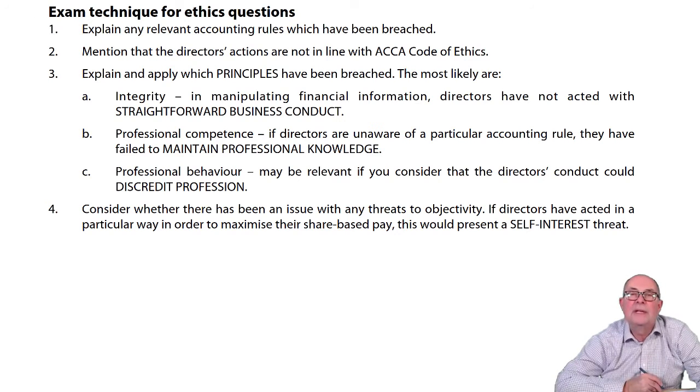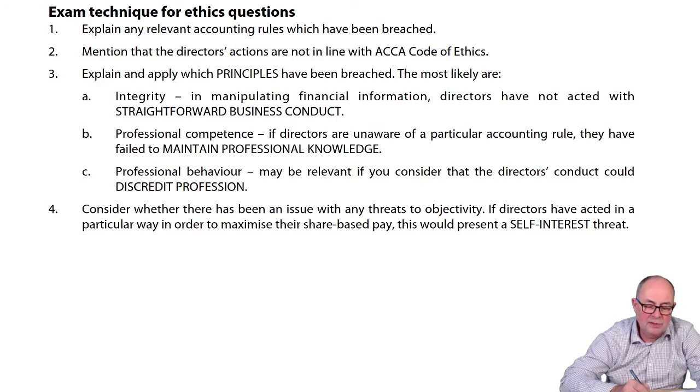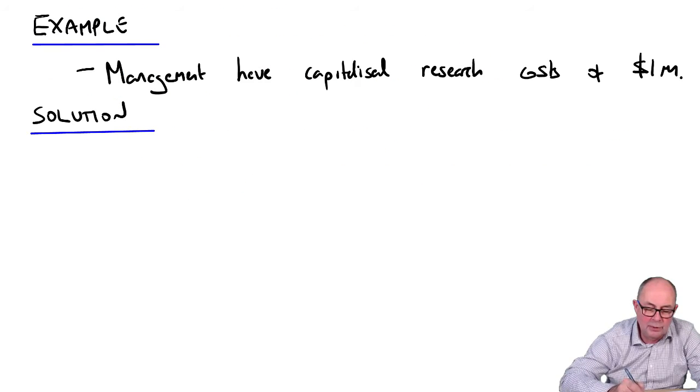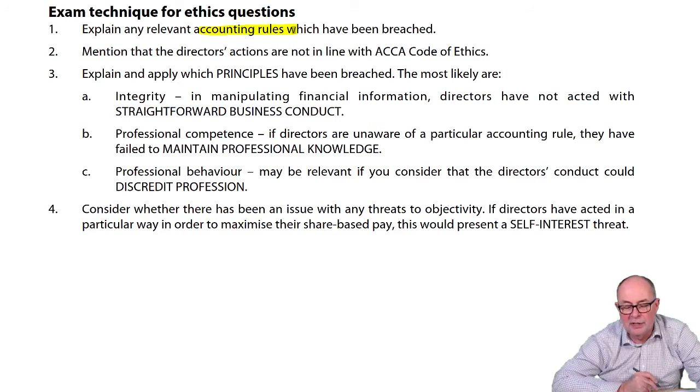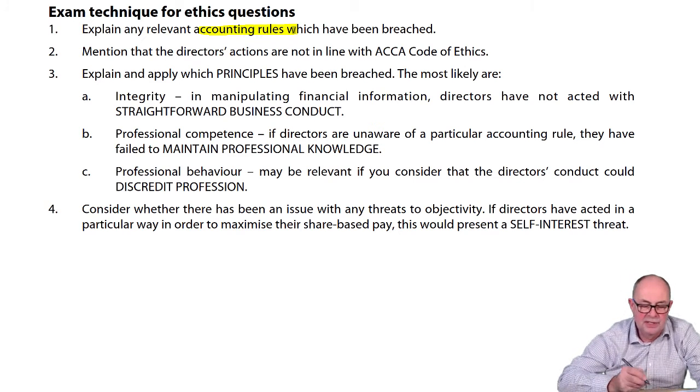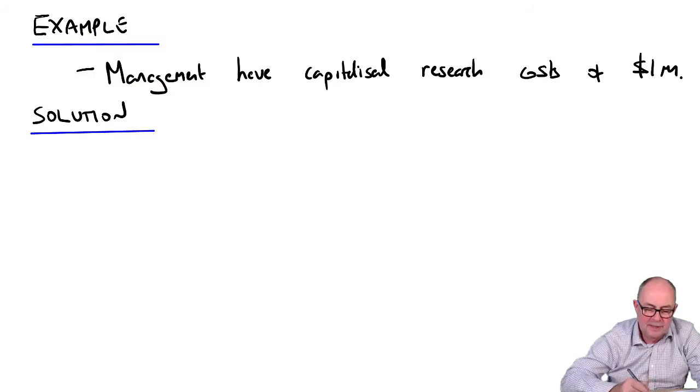First of all, explain the accounting rule. The accounting rule is the first thing that we would always sort out, just to demonstrate your accounting knowledge. And the accounting rule, of course, is that research costs should be expensed in the profit and loss. Only development costs can be capitalized.